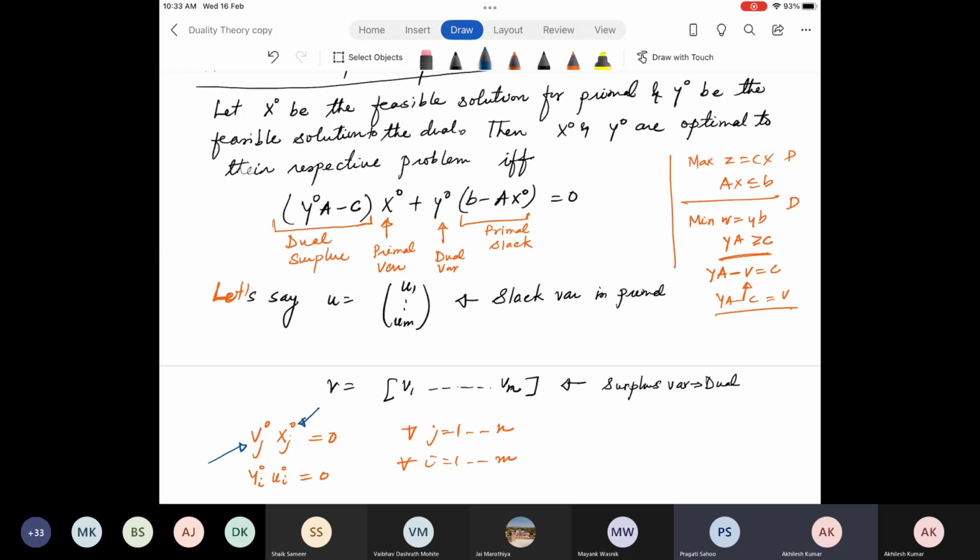Now you want to know whether they are optimal or not. If these points satisfy this equation, I have broken this into two parts, because all of them are greater than equal to 0. If I am able to show that this is being satisfied, I can say they are an optimal solution. If it is not being satisfied, they are just a feasible solution, but not optimal. Clear?